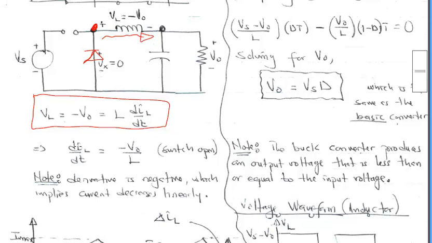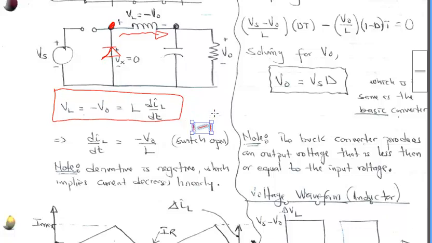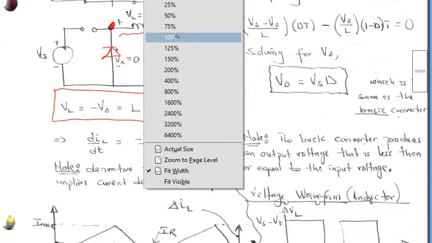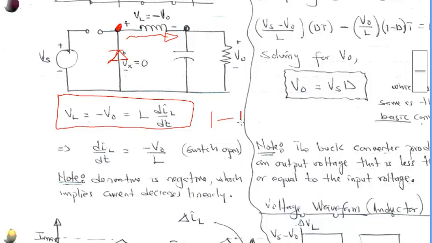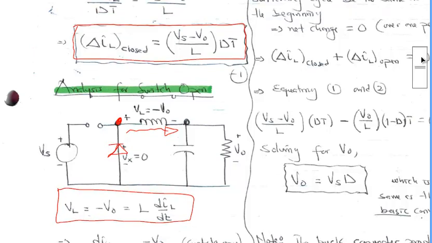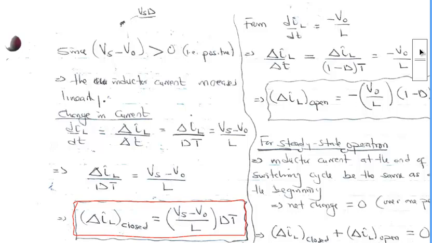Note that when the switch is open, that period is given by (1 minus D) multiplied by the period T. Now we can write di_L/dt in the form of change in i_L over change in t, where the change in t is (1 minus D) times T. From here, we can find the expression for the change in inductor current when the switch is open.